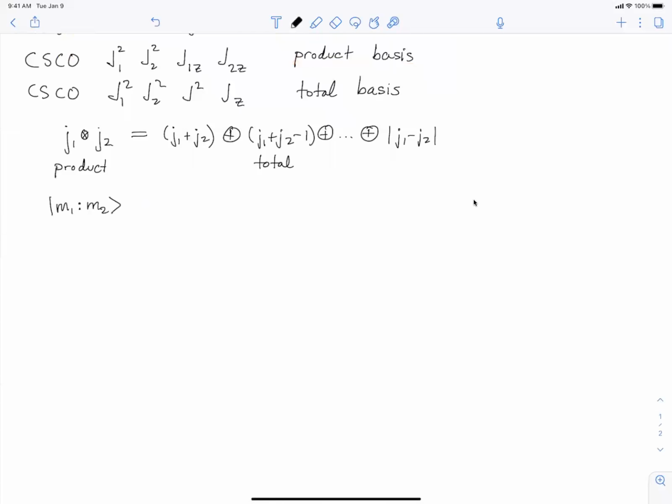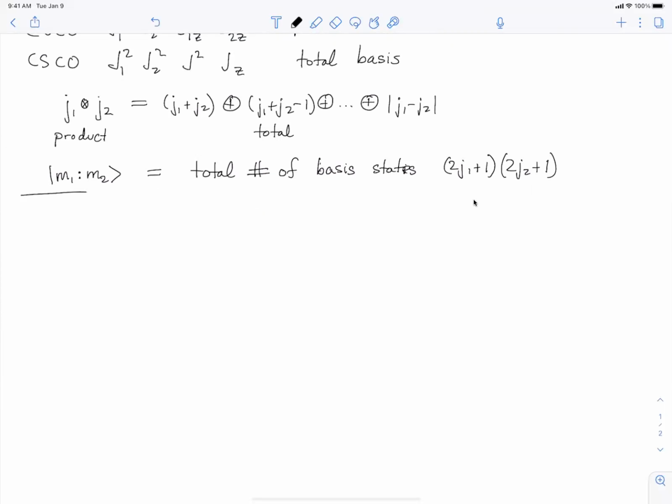Okay, and the total number of such states is just going to be 2j1 plus 1, that's the total number of m1s that there can be, times 2j2 plus 1.